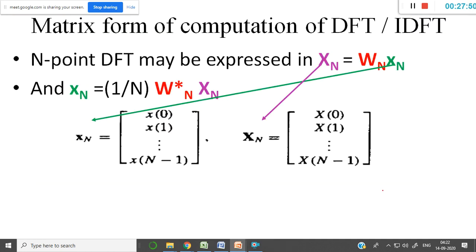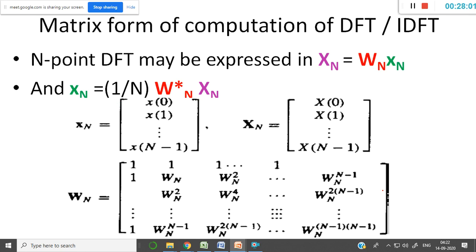Okay. This is the matrix form computation of DFT and IDFT. Now, if I want to calculate the IDFT, what should you do? Try to do the IDFT calculation. This PPT shows you how to calculate the WN values here.